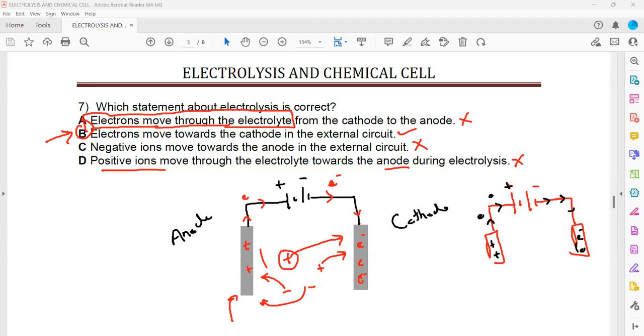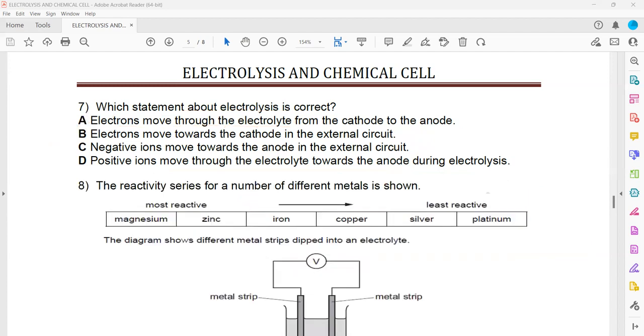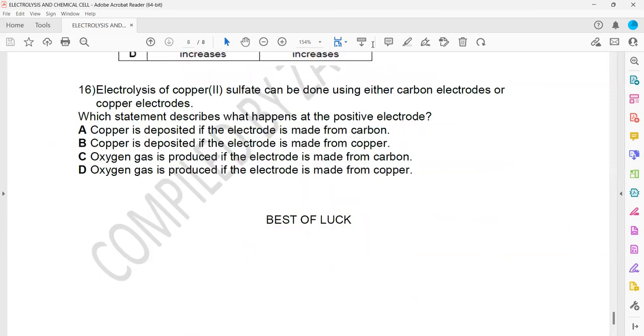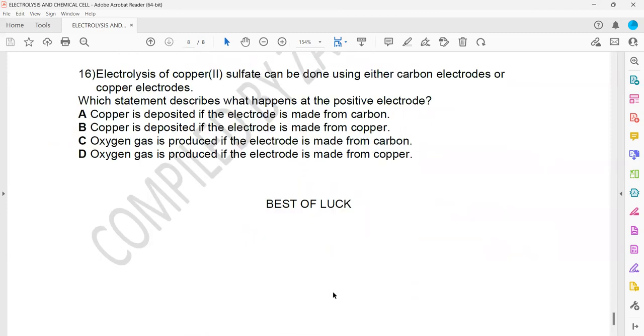Then the last question, that is 16. In question 16, electrolysis of the copper sulfate can be done using carbon electrode or copper electrode.